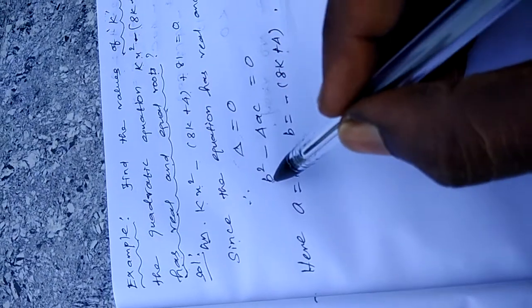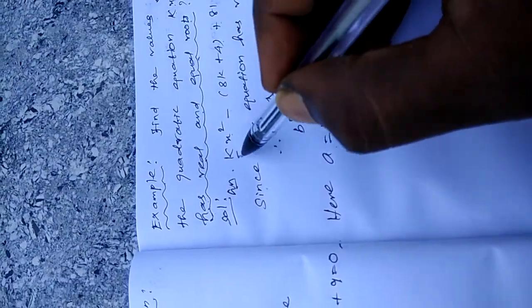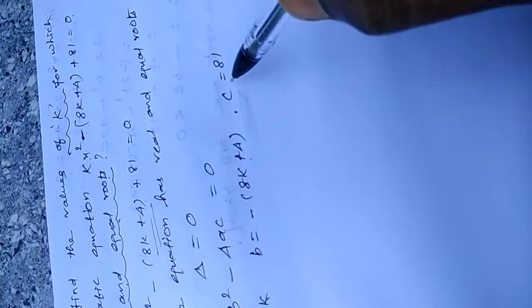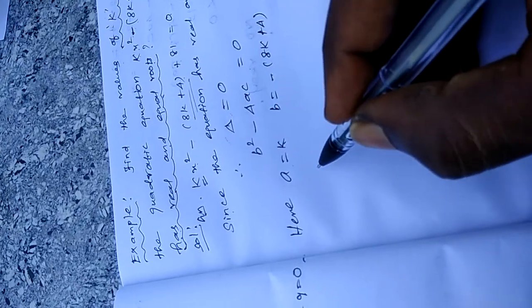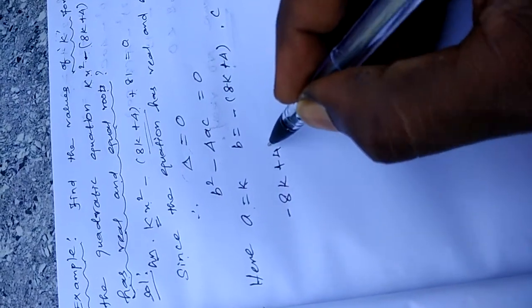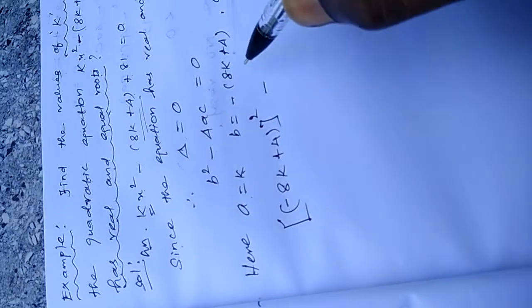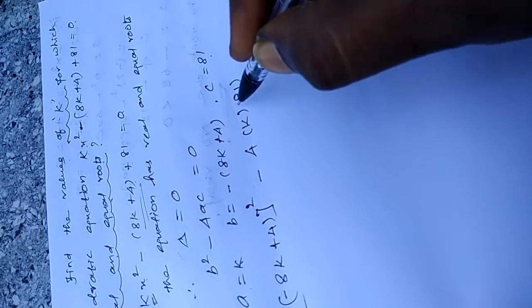So what is delta? b squared minus 4ac. Here a equal to k, b equal to minus (8k plus 4) and c equal to 81. So from the equation, (8k plus 4) the whole square minus 4 into k into 81 equal to 0.